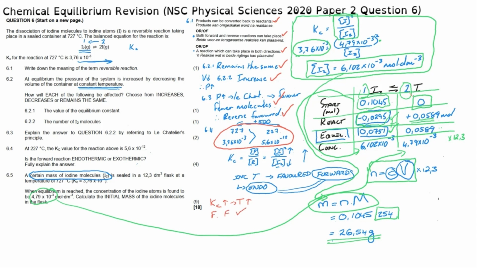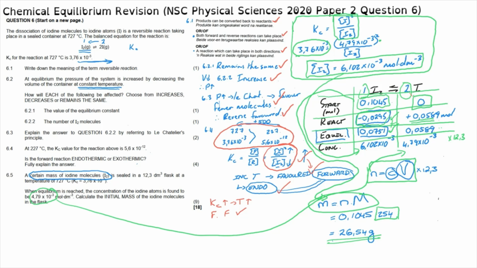And there was a mark allocated for realizing that the forward reaction is favored because the concentration increases. That was our second mark there. The third mark was for saying this must mean that the forward reaction is the endothermic reaction. And then the fourth mark was for giving some kind of explanation relating to the concentration changes that led us to understand that the forward reaction is favored.